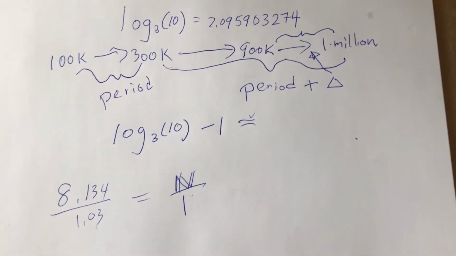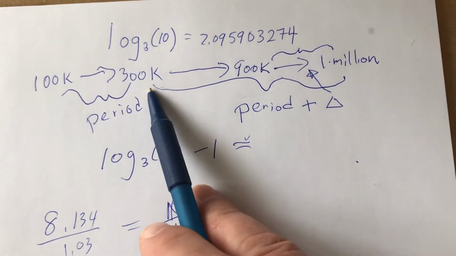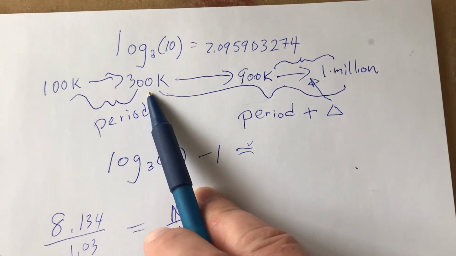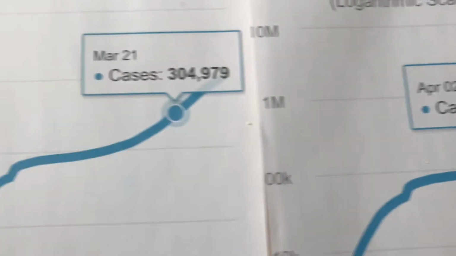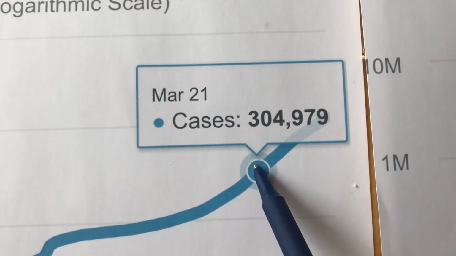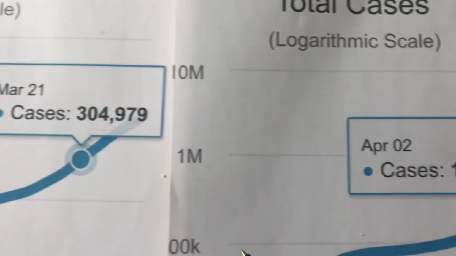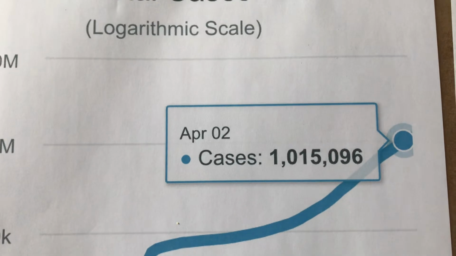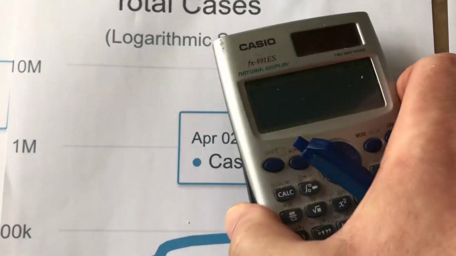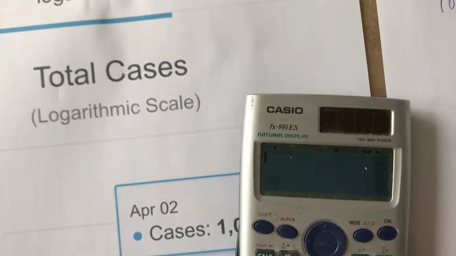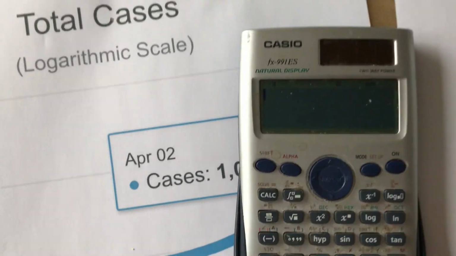So we're going to count the days where the amount of cases went from 300,000 to 1 million. And here it intercepted on March 21st at 300,000, and again 1 million at April 2nd. So turn my calculator on.